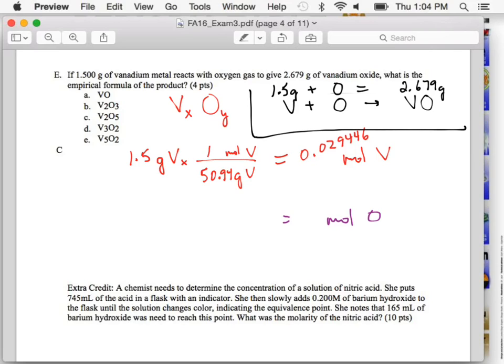I would go through and solve for O. The mass of my oxygen will be 2.679 minus 1.5. So 1.179 grams of oxygen.